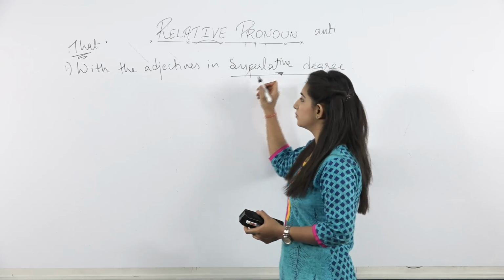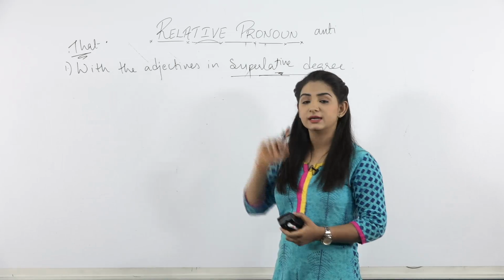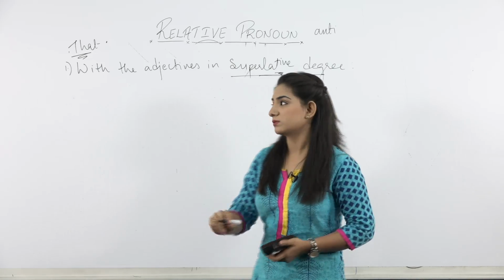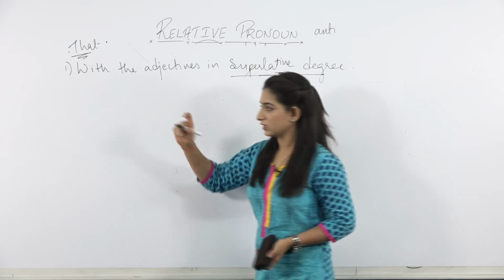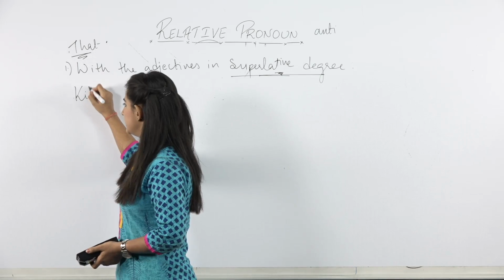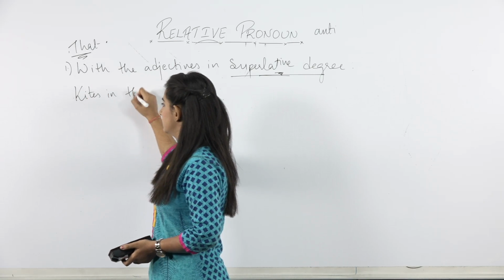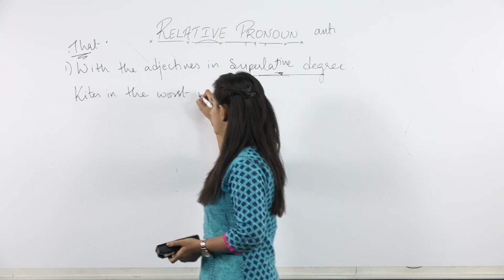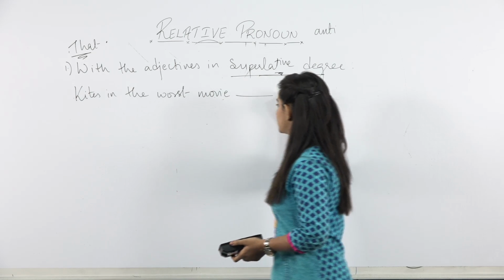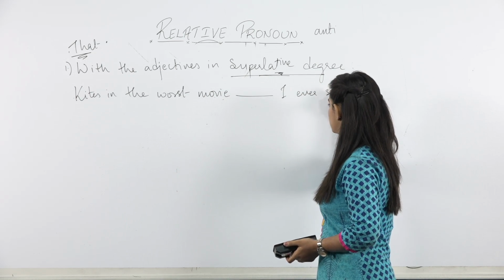Superlative degree. उस condition में हम किसका use करेंगे? That का use करेंगे. Like, Kites is the worst movie dash I ever saw.